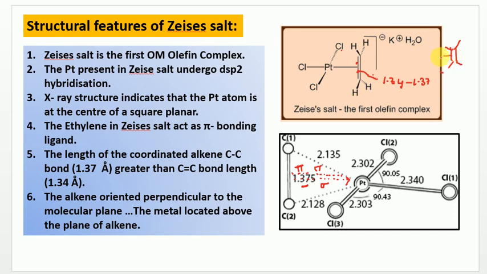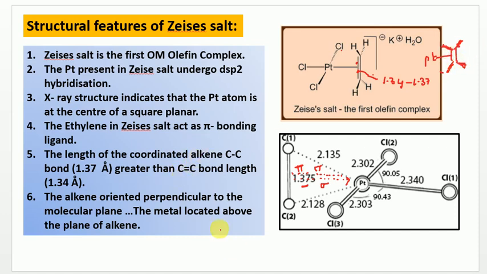But whenever it is combined with platinum, it loses its planarity, and the 4 hydrogens are not in the same plane. 2 are above the plane and 2 are below the plane. So ethylene loses its planarity.